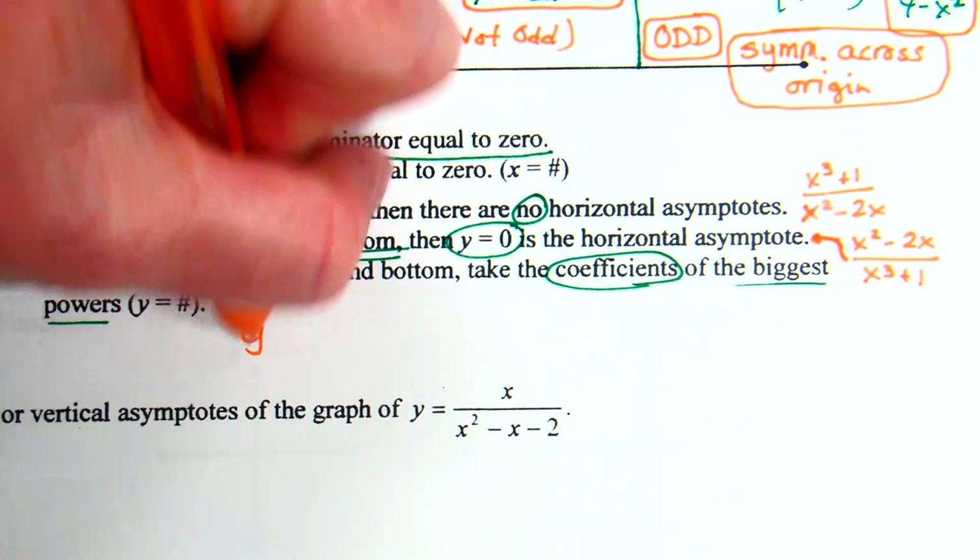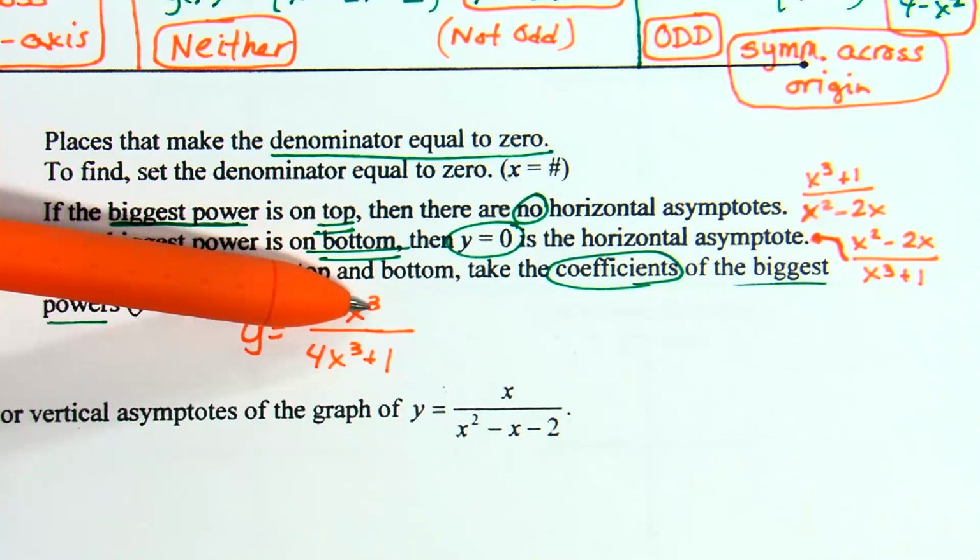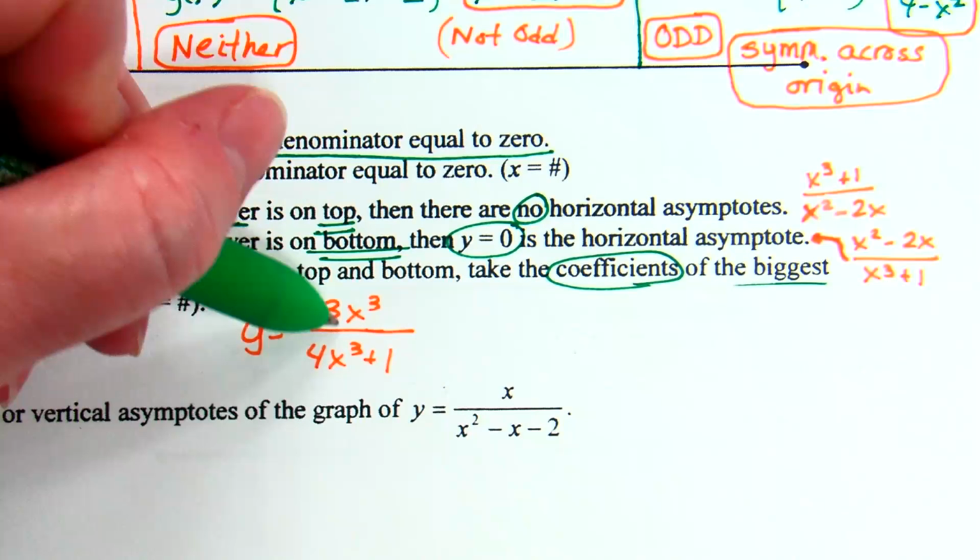What do I mean by coefficients? What are the coefficients of the biggest powers? 3 and 4, right? And so in this case our horizontal asymptote would be y equals 3/4. So it's all about those biggest powers and what's going on with those, and that will give you horizontal asymptotes.